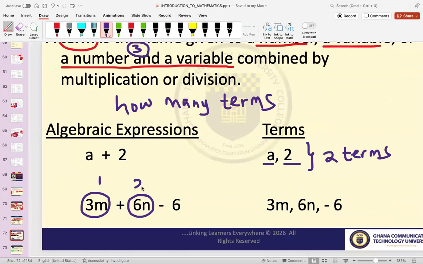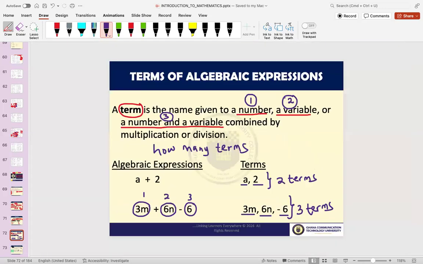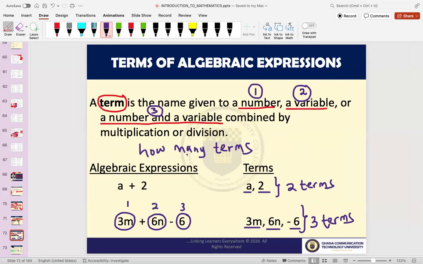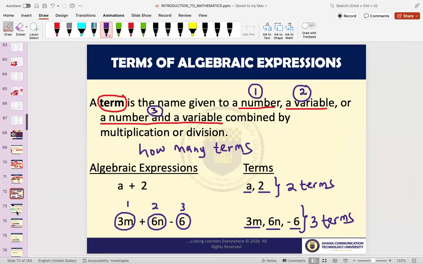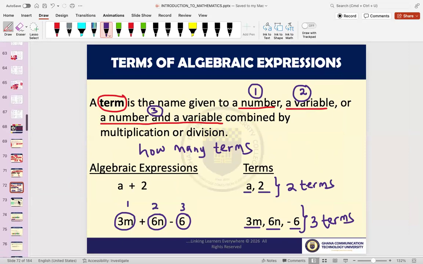This is going to be my second term. A number standing alone. This is going to be my third term. So it means I have 1, 2, 3 terms in this expression. And so these are 3 terms as shown. 3m, 6n, negative 6 terms. So that is the second technical word we want to learn today, in addition to the coefficient.